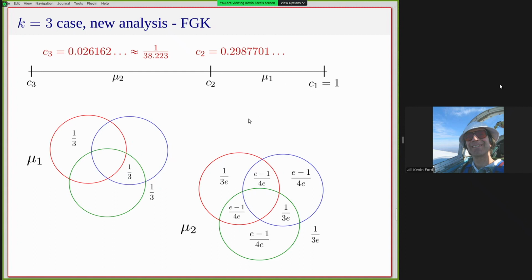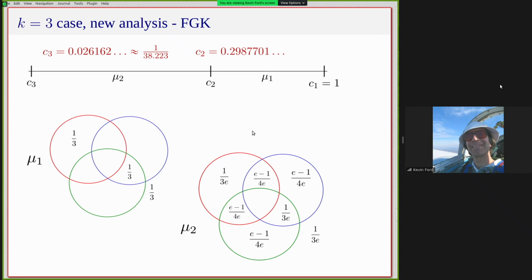And that involves some ideas from linear programming. Okay, but we do have some specific expressions for that. In this particular case, those expressions were very easy, and they led to the numbers that you see here. This 1 over 3e and e minus 1 over 4e. Those numbers pop out immediately from the analysis.